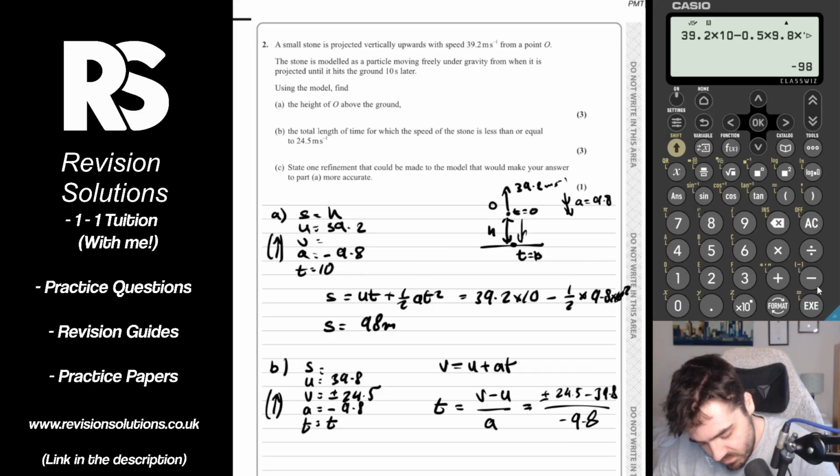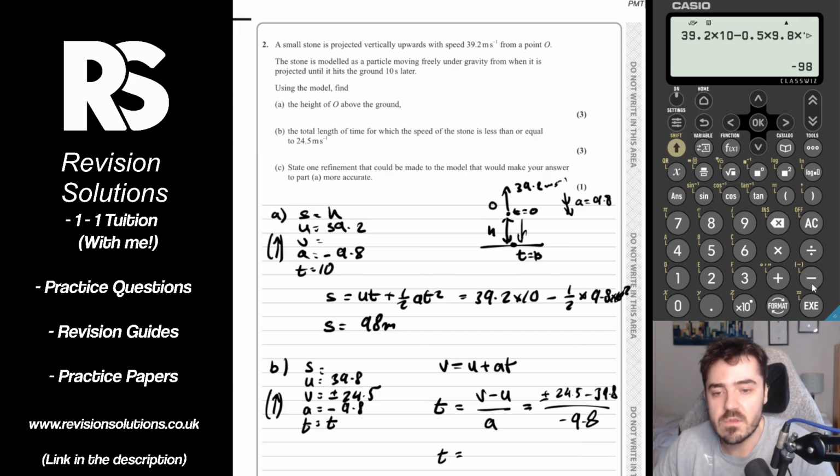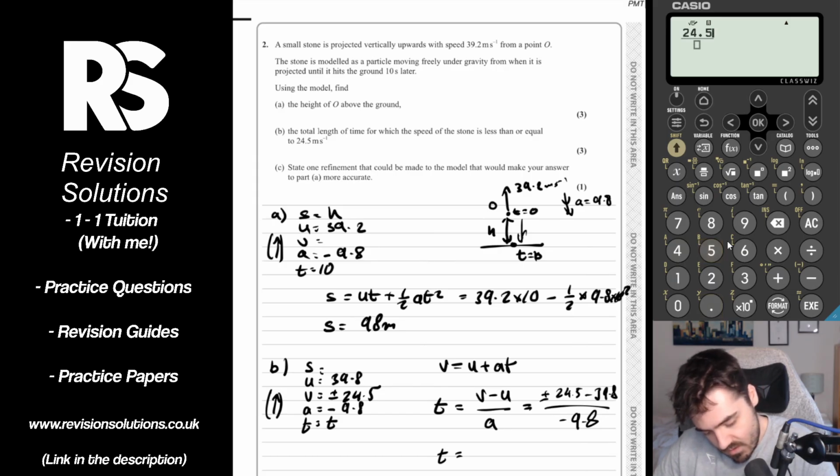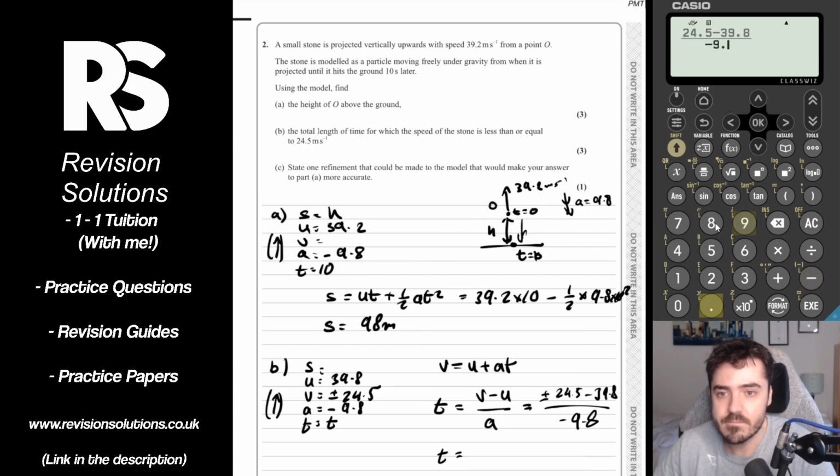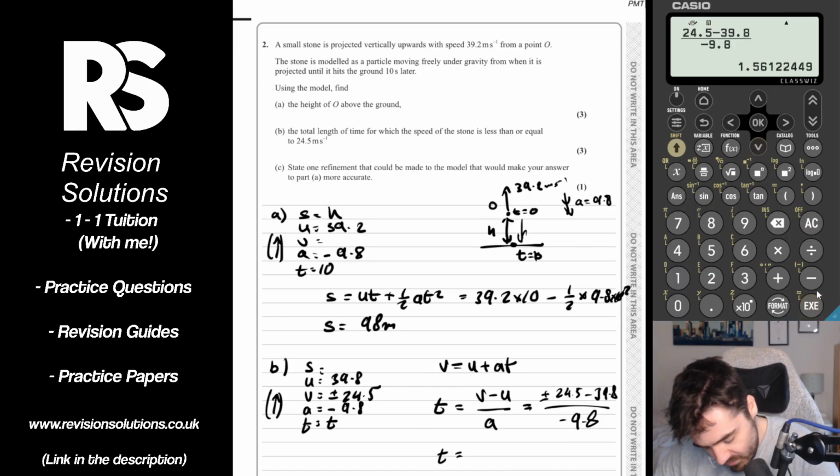Let's calculate those two possible values. So T, we do the positive one first, would be 24.5 minus 39.8, all over minus 9.8, which gives us a time of 1.56.